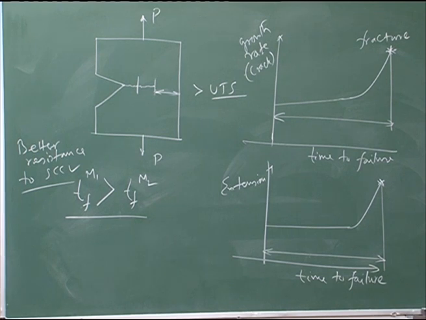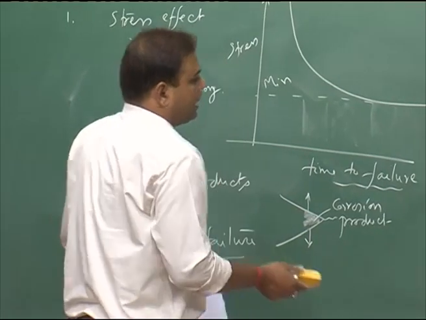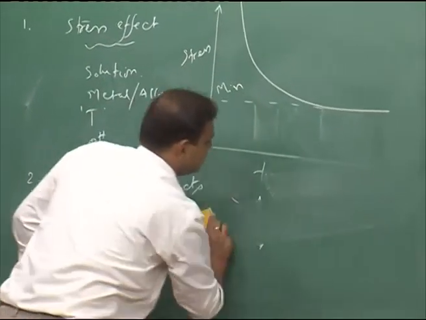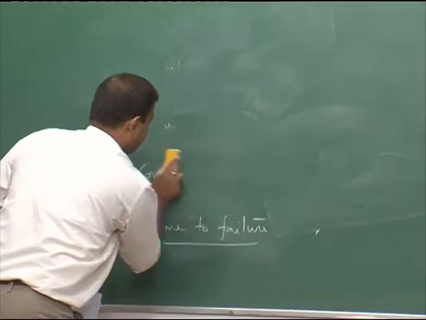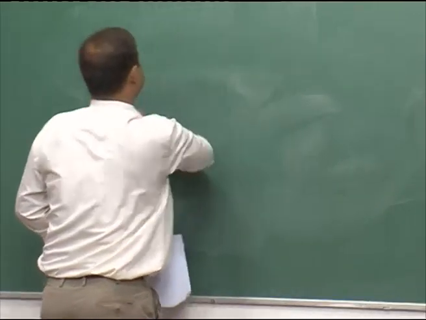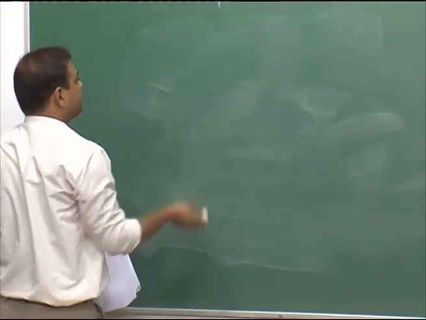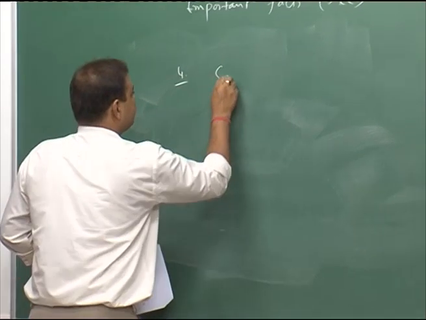Then of course, there would be environment factors, and environment factors are to be considered while explaining or judging the SCC character of a particular metal or object. So, the fourth one is environment factor.